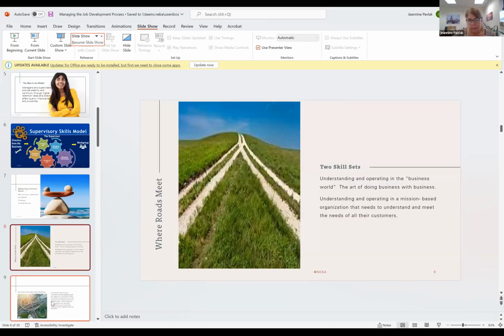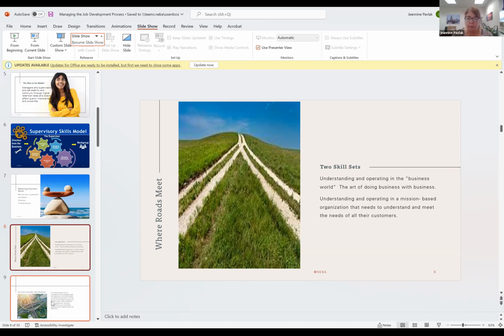And our direct care staff, our frontline staff, walk down these two roads, right? Most of the people who come into this field are thinking it's a human service position, and we're here to work with and support people who have intellectual and developmental disabilities. There's a skill set for that. Not everybody can do that.